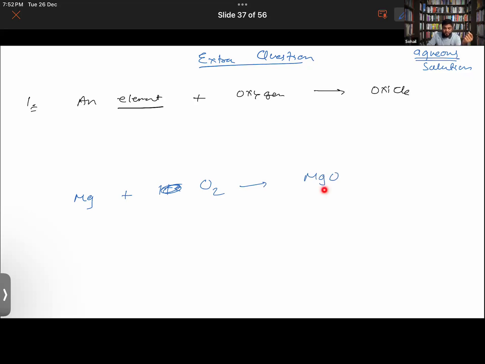But right now you can't determine whether it's acidic or basic in nature. For that purpose, you will have to add water into it. So MgO में हमने water add किया, so thereby I'm getting magnesium hydroxide now, Mg(OH)2. Now I will be able to determine its property using the pH paper, using the pH scale. I mean, litmus paper use करके हम बता पाएंगे. Getting this thing or not?